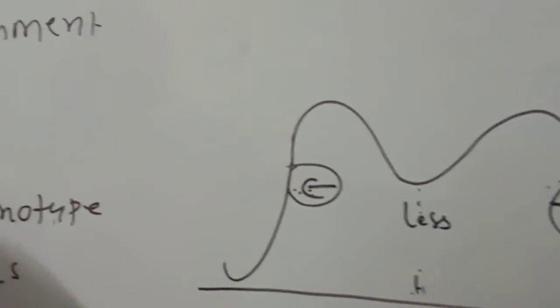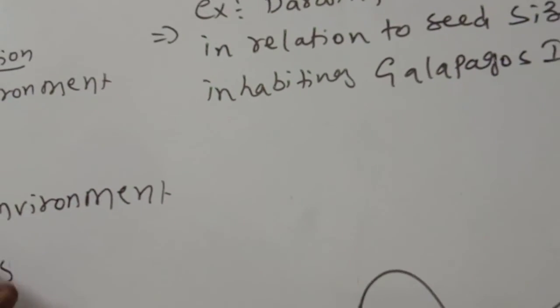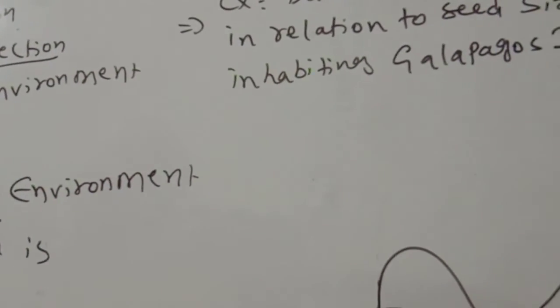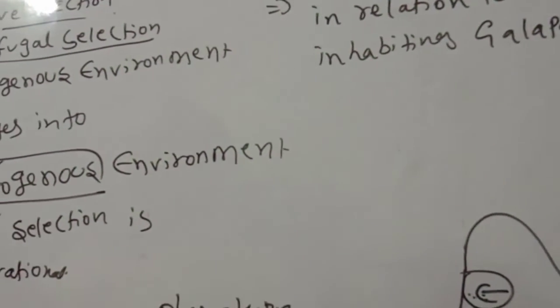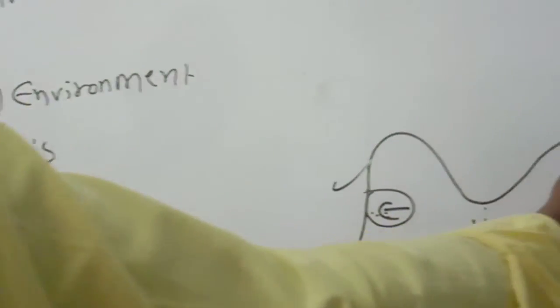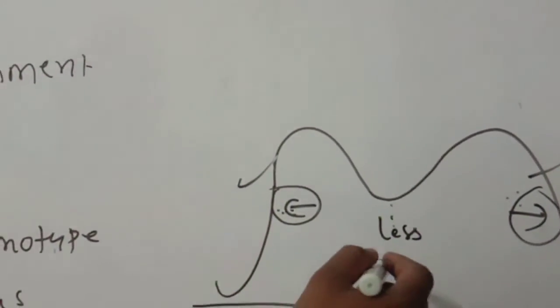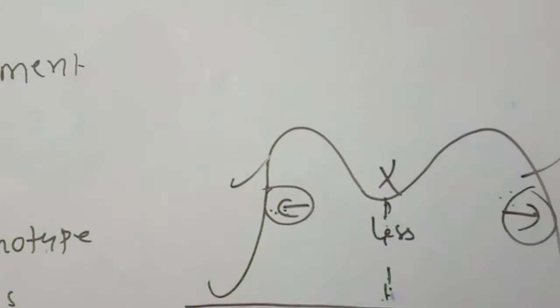A homogeneous environment suddenly changes into a heterogeneous one. Some change happens in the environment, and this type of selection will be operational. Both extreme phenotypes are selected, whereas the average phenotype is eliminated.